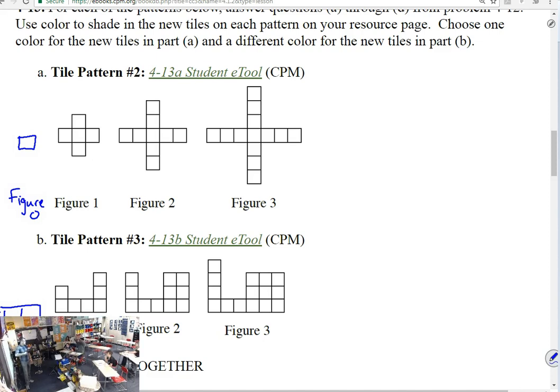So if we look at what is changing, Abe, what would you say as we go from 1 to 2? What is changing? There's 1 being added to the left side, and then the right side, there's 3 being added.